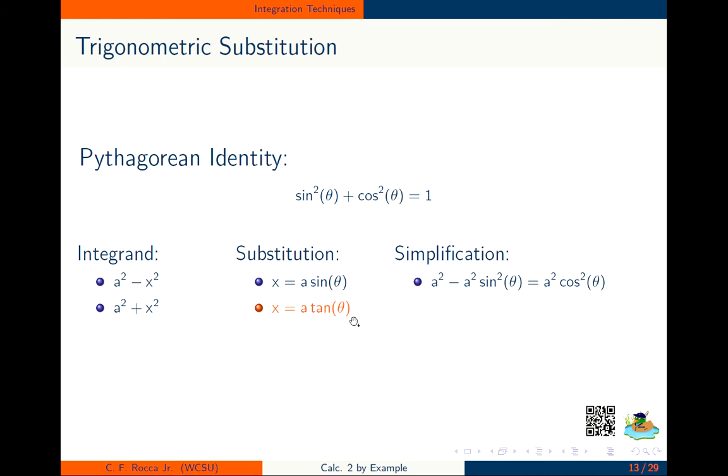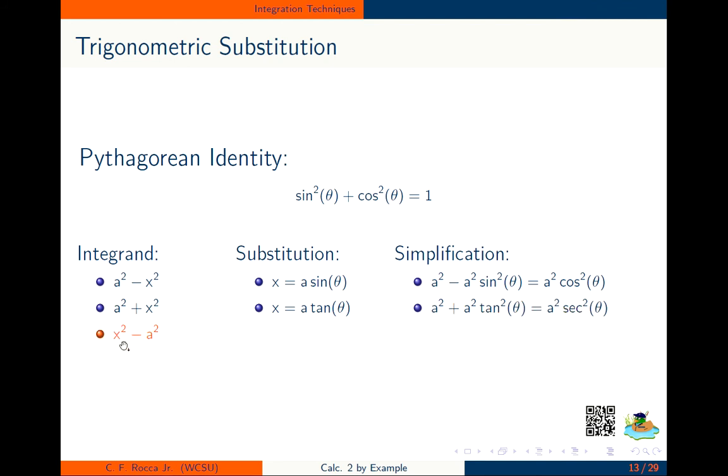And when I replace x with a tangent theta, I get a squared plus a squared tangent squared theta. And again, because of the Pythagorean identity, this can be simplified to a squared secant squared theta. So we're changing this sum of squares into a perfect square.